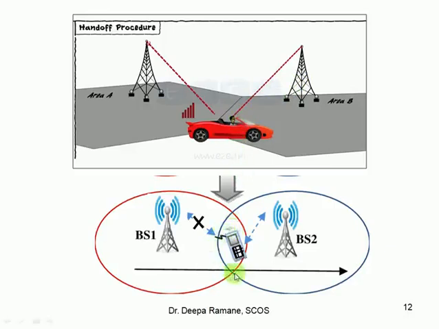This is your pictorial form, where this tower is radiating something continuously. When your mobile is in this region, it will receive the signal. The signal strength will be noted down.